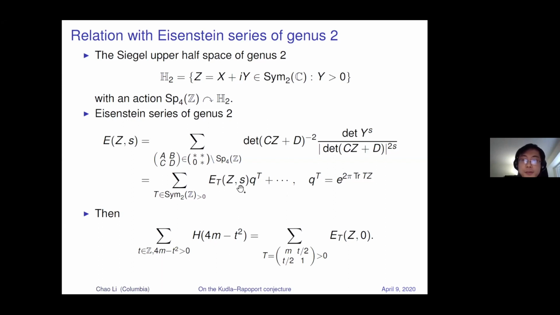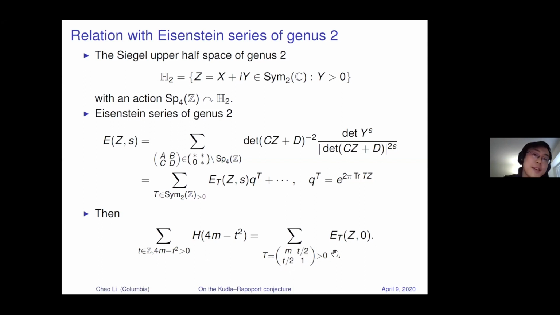When you evaluate them at s equal to 0, it's actually a number, and it exactly matches the Hurwitz class number of 4m minus t squared. And you recognize this positivity condition on the difference as exactly the positive definite condition on the indices of the Fourier coefficient, where you put n1 on the diagonal and t over 2 on the off diagonal.